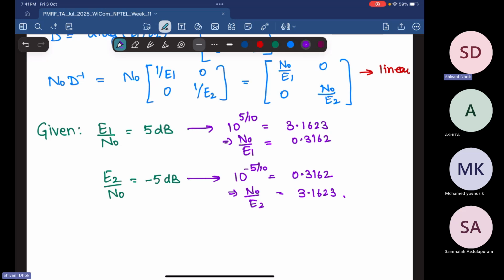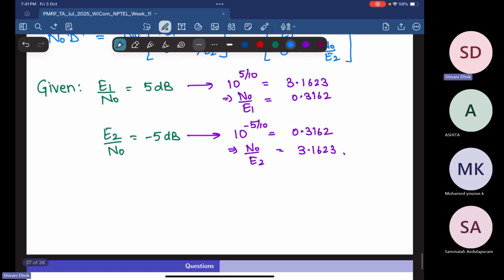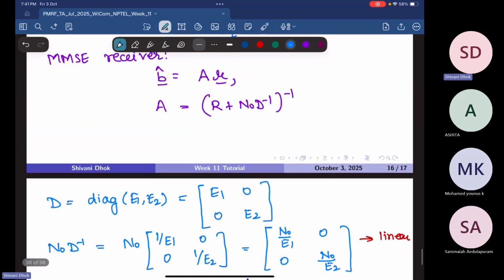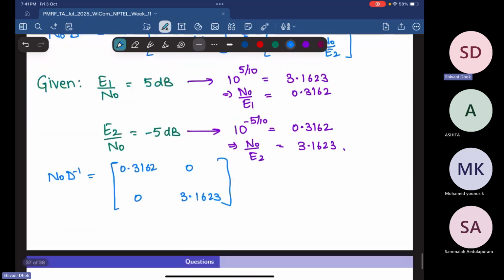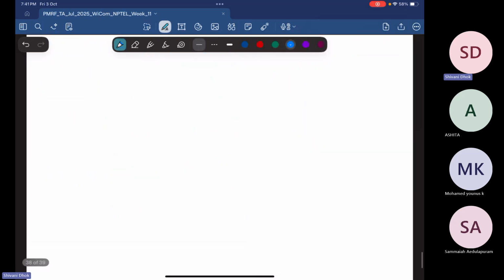Now if I substitute it back in the above equation, N naught into D inverse comes out to be 0.3162, 0, 0, 3.1623. So this is the first thing that we know now. Now let us find R plus N naught into D inverse.